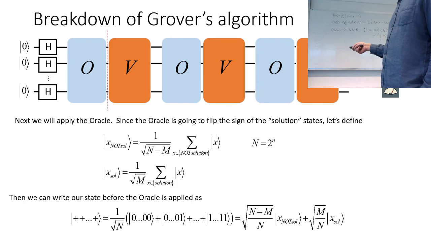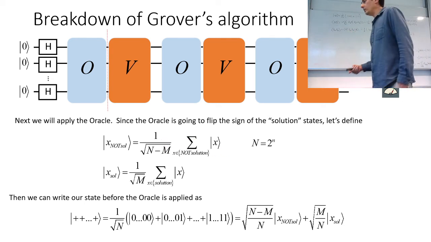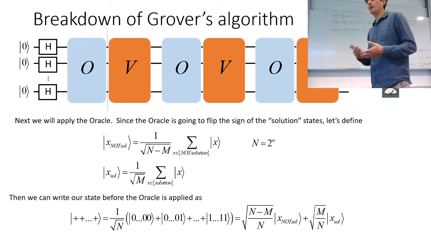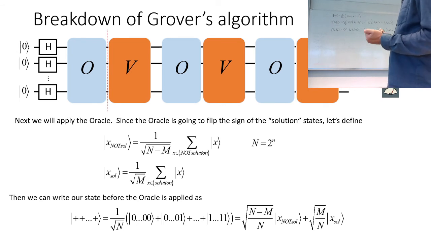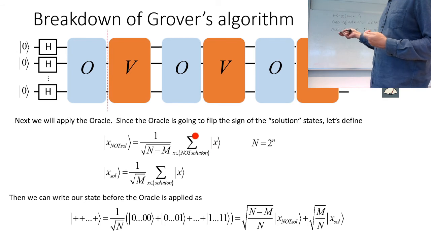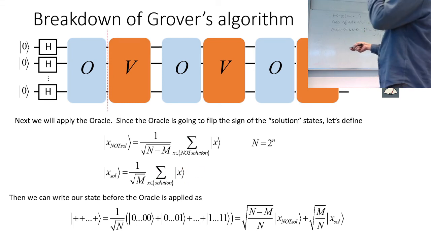So we've got some function, or the oracle, which tells us which states are the solutions and which are not. It gives a minus sign for the states that are the solutions. So what we're going to do is define these two states such that this is a superposition of all the states that are not a solution, and here's a state which is a superposition of all the states that are a solution.